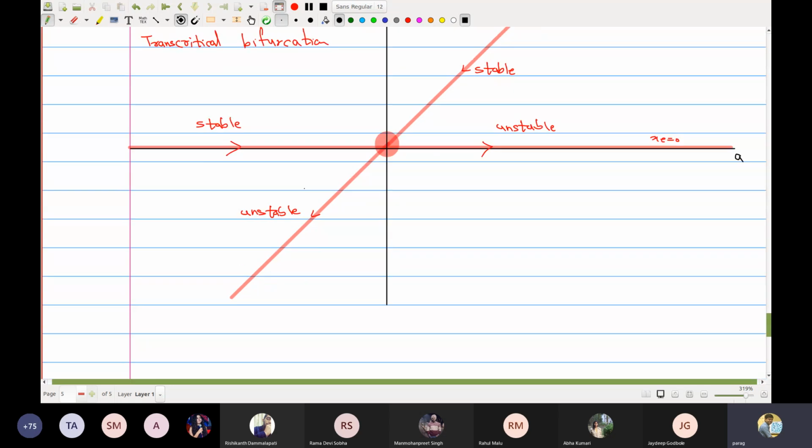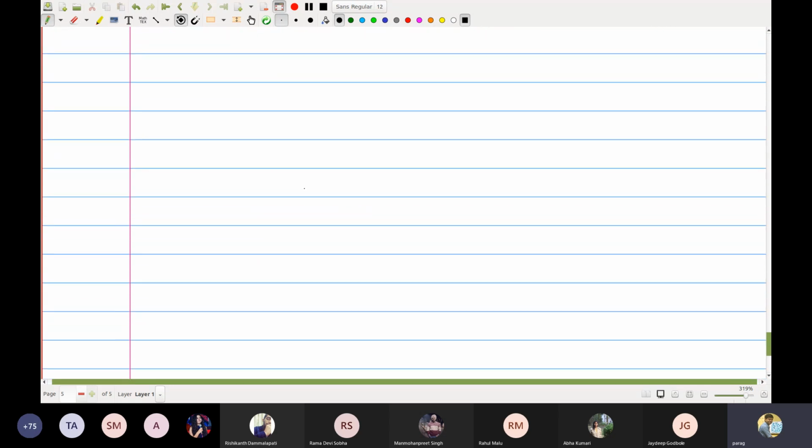Now this was all about nonlinear systems which are first order. Can we in an analogous manner develop such expressions or do this analysis for nonlinear systems which are of higher order? So let us consider a two-state nonlinear system.